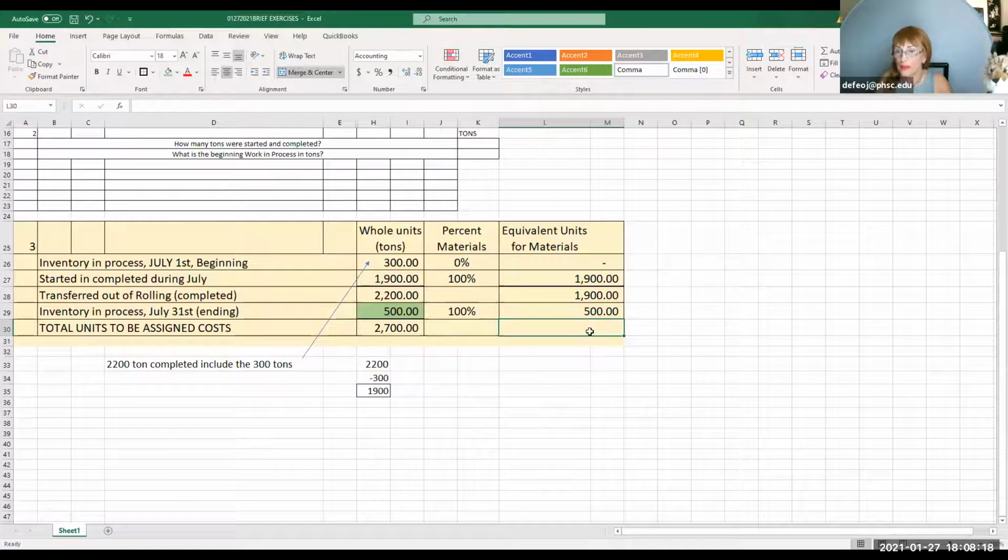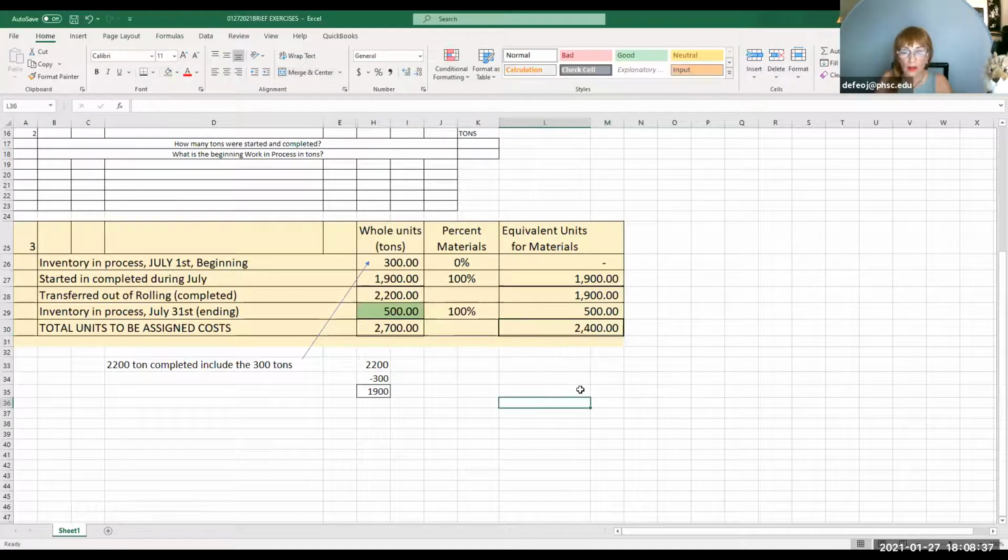What are these two numbers added together? 2,400? Very good. Yep, 2,400. So there's our schedule. And the last number, just so you know, you have to put a double underscore for a total. So here's our answer. This is the answer to the schedule. This is the equivalent unit right here, 2,400. That's the answer.